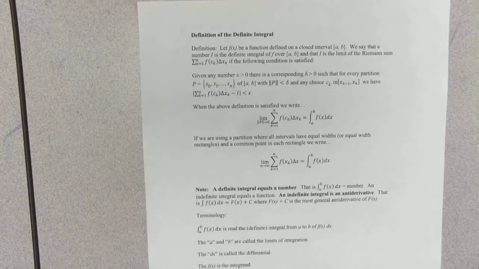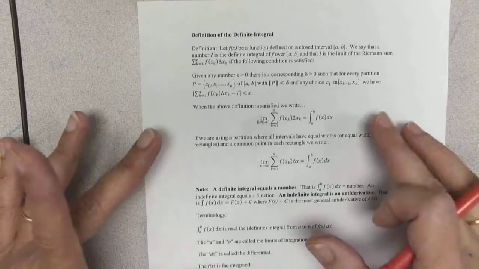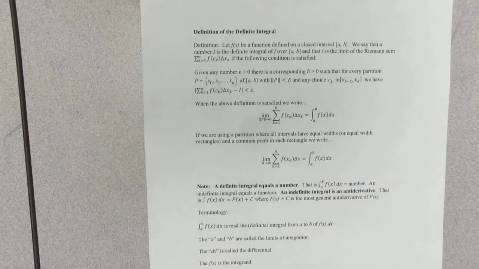It is taking those infinitely many rectangles, making them skinnier and skinnier until they're line segments, and then we add up the lengths of infinitely many of those line segments. But because some of those line segments can be below the x-axis, the answer can come out to be negative, and if an answer comes out to be negative, it isn't area. So Riemann sums and definite integrals do not have to represent area.